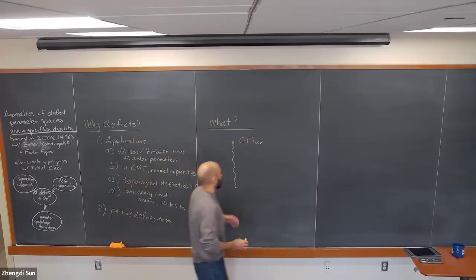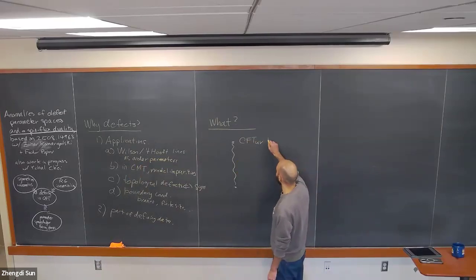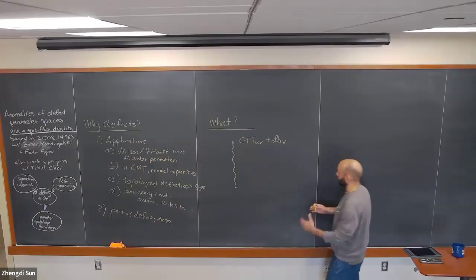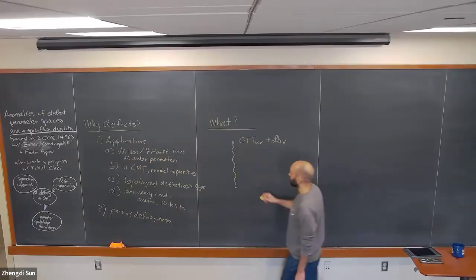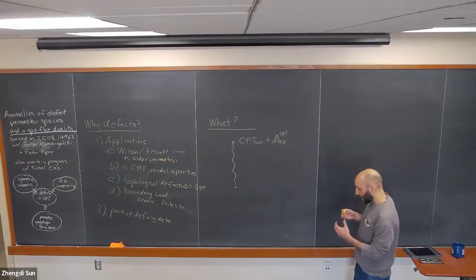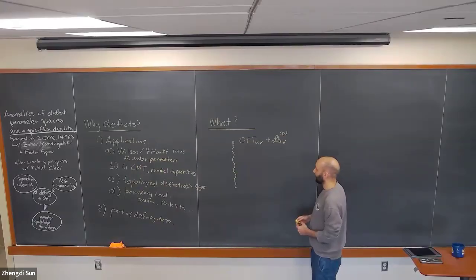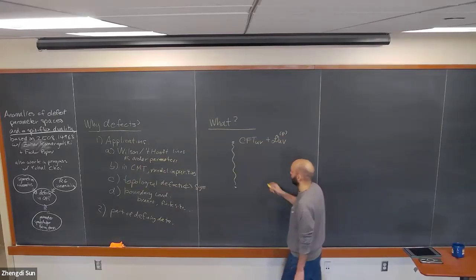So we fix some theory in the UV, which I'm going to take to be a conformal field theory. And you specify some defect. And let's suppose it's a two-dimensional defect. And we perturb the system by a relevant operator that is integrated along just the locus of the defect.